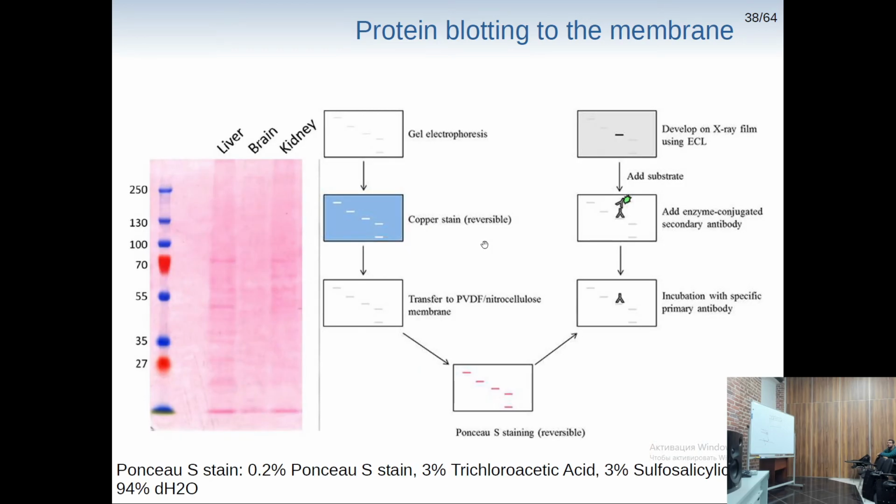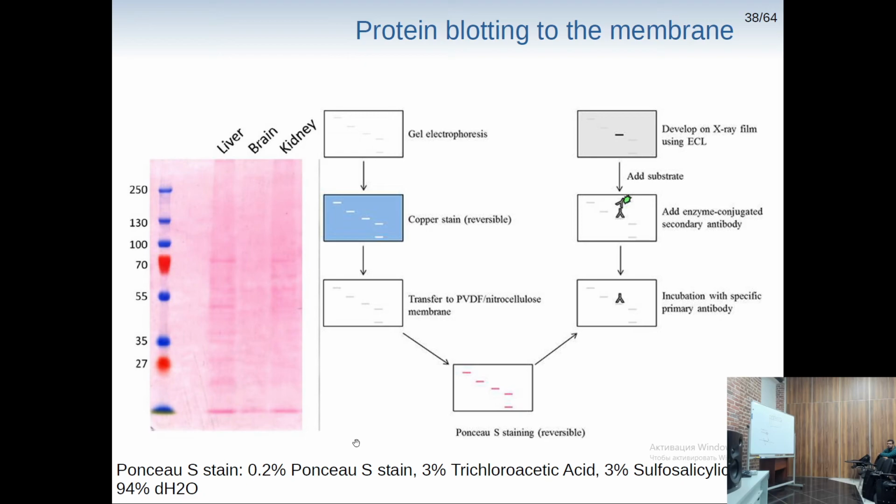So let's continue. What we do, we have our gel electrophoresis. We can transfer it to our nitrocellulose membrane. We actually can stain our proteins on the membrane, but using a different stain. Here's a recipe for this solution.